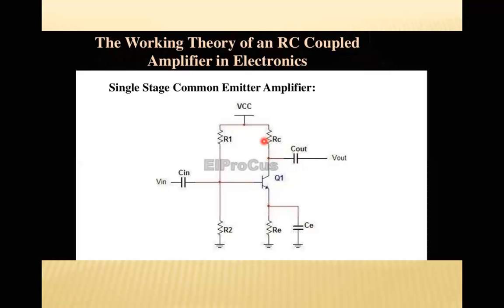This is because RC will come in parallel with the upper resistance R1 of the biasing network of the next stage, thereby altering the biasing conditions of the latter. In short, the coupling capacitor CC isolates the DC of one stage from the next stage, but allows the passage of AC signal.